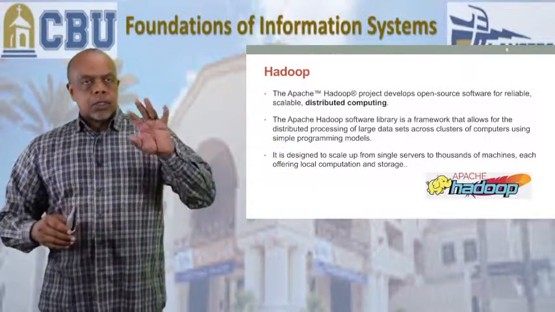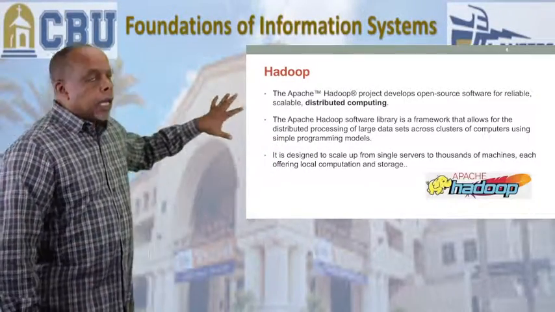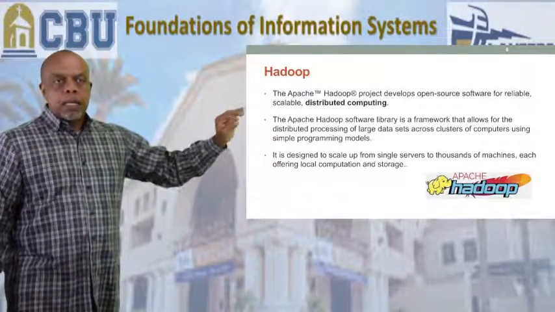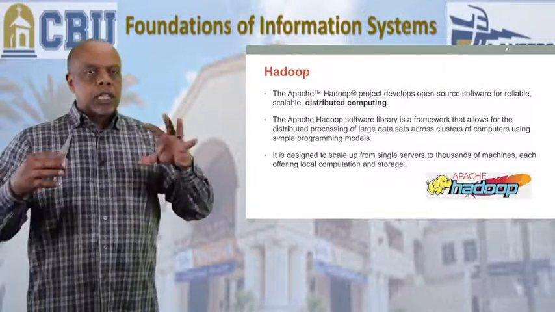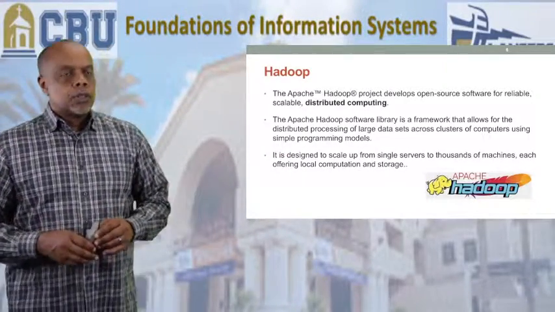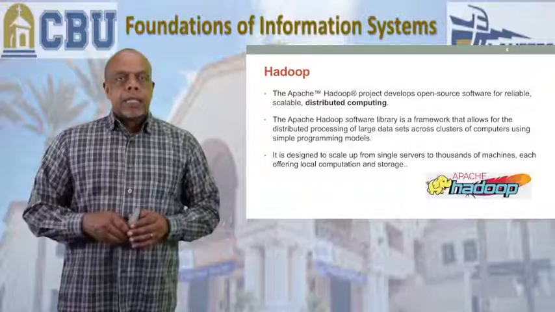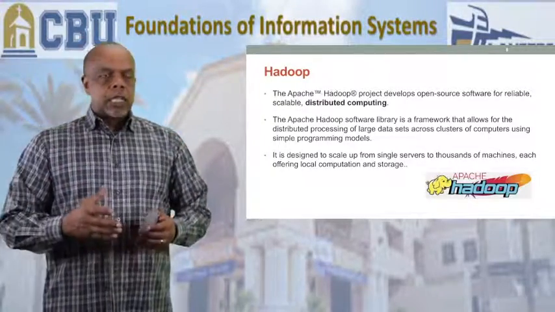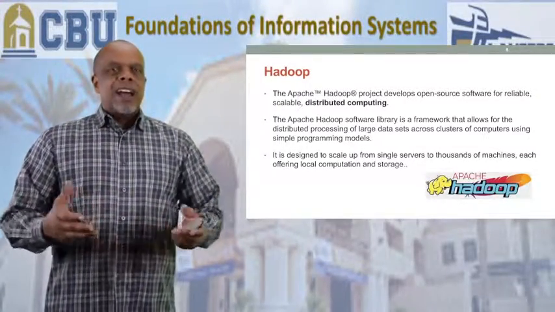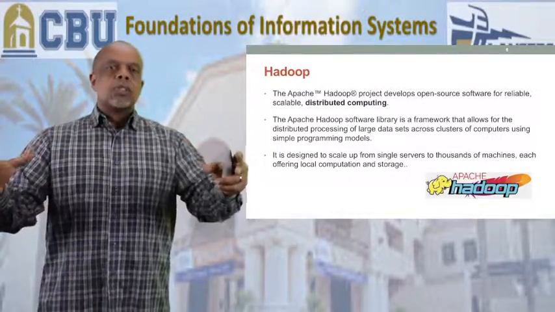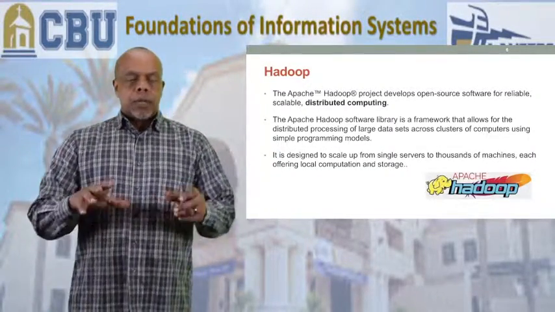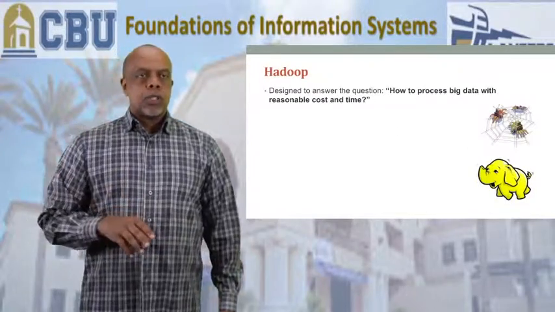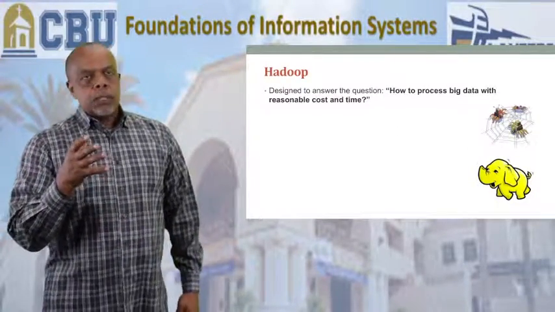The software library is a framework that allows for the distributed processing of large data sets across clusters of computers using simple programming models. It's designed to be scalable, so you can scale up from single servers to thousands of machines, each offering local computation and storage.